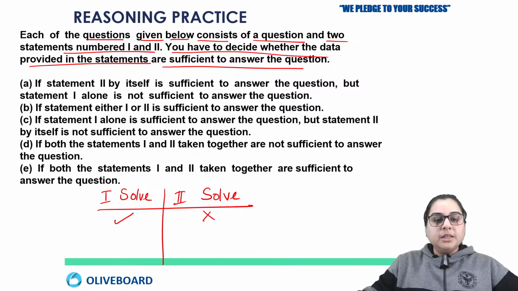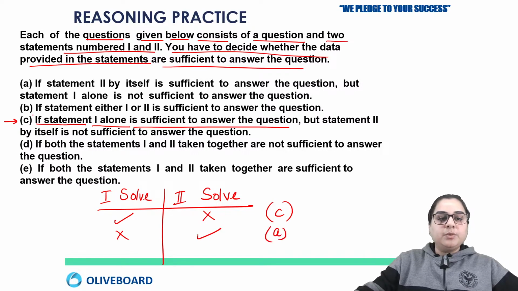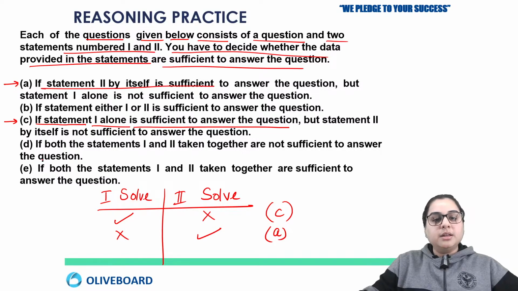but not from the second statement, then your answer will be option number C, which says statement 1 alone is sufficient to answer the question. If you get the answer not from the first but from the second, then your answer will be option number A, which says statement 2 by itself is sufficient to answer the question.